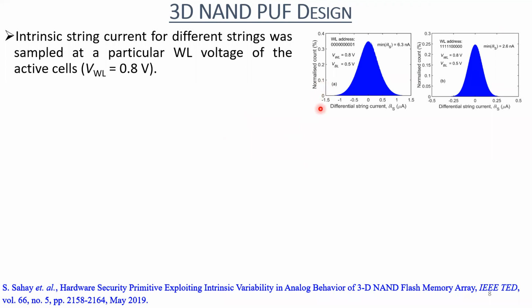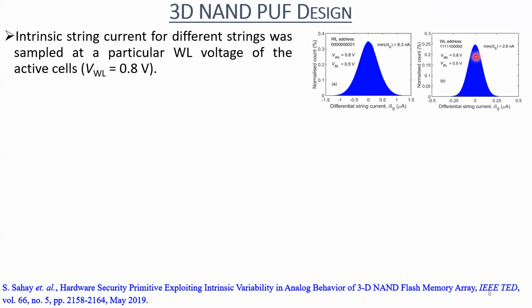And when I plotted that differential string current, what I got was that it followed a Gaussian distribution, and the minimum difference between the two string currents was 6.3 nanoamps. So if we use a current sense amplifier which has a sensitivity of 5 nanoamps, then we can manage to compare the currents between all of these strings in that array.